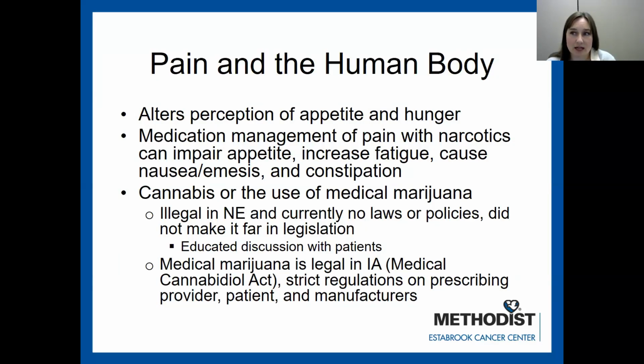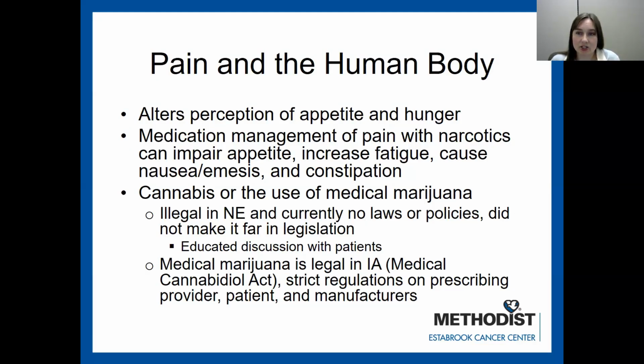So medication management of pain with narcotics can impair appetite, increase fatigue, cause nausea or vomiting, and constipation. So a lot of these drugs are very constipating, and that affects a person's ability to have an appetite or to take in food at all. So that's another big component that we work with these patients on, is keeping them from getting constipated.